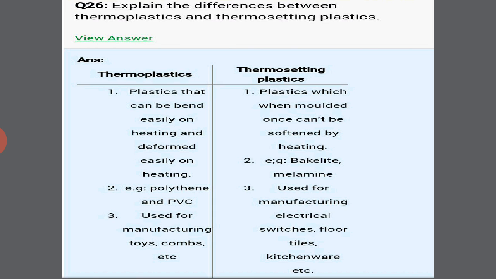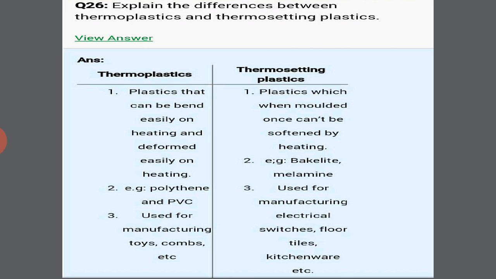We cannot change their shape again and again. Examples of thermoplastic: polythene and PVC. Examples of thermosetting: bakelite and melamine. Thermoplastics are used for manufacturing toys, combs, etc. Thermosetting plastics are used for manufacturing electrical switches, floor tiles, as well as kitchenware also.